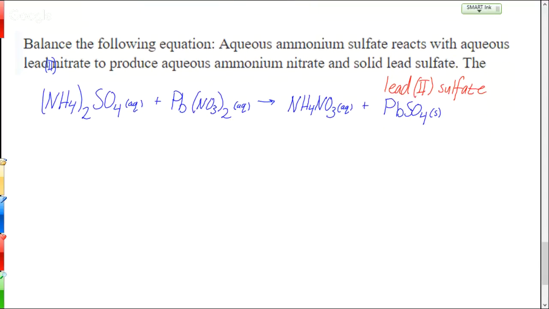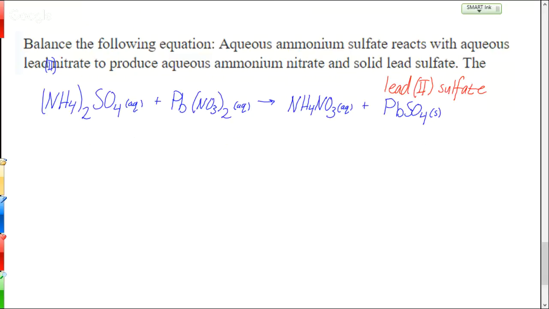The other thing you might notice in balancing this equation is that ammonium contains N, but nitrate also contains N. And then every single compound in the equation contains oxygen. So when you change those, it's going to keep throwing everything else off, and that can get a little bit tricky too.